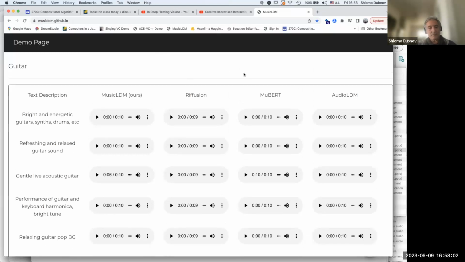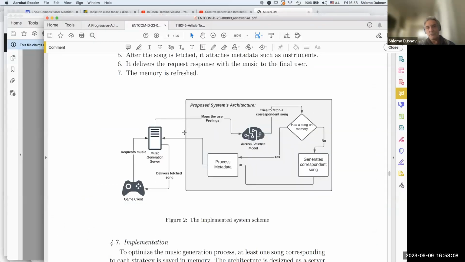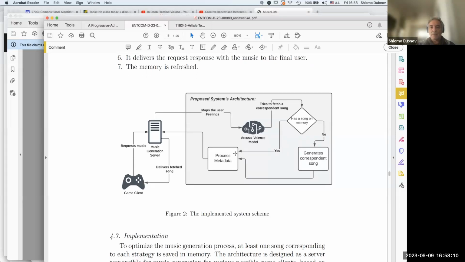And I promised this to be short, but I cannot get carried away. So just as a short example of applications, like adaptive music, right? This is more just to show you, in the context of a possible architecture for a game client, which actually has some generative music server.